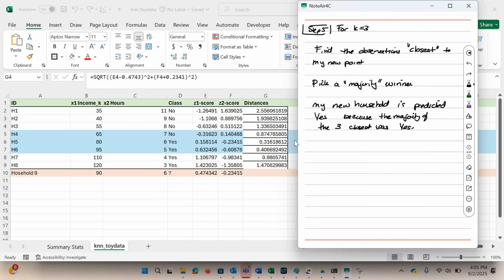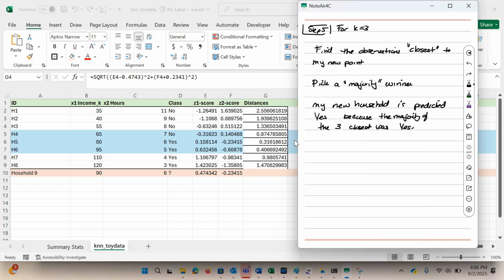So let me ask you about 5. If I chose 5, what would my 5 nearest neighbors be? My top 5 nearest neighbors. Would it still be yes? I don't know if it will be. I didn't try it out. If I pick the 5 nearest neighbors, say K equals 5 instead, what would I get? So who would I add? Household 7 would be included because it's 0.9.